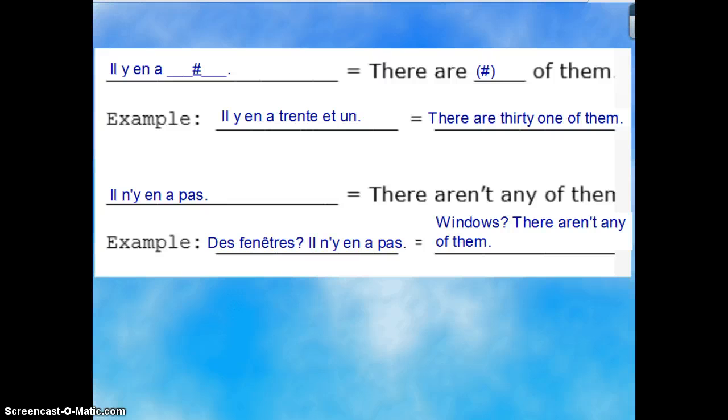But if by chance you want to talk how you speak in English and you don't want to use the word chairs again, then you'll take the time to fill in il y en a, and you'll have there are however many of them. That way you don't have to repeat the word chaise. So to give you a quick example, in my particular classroom, there happens to be 31 chairs. So if I want to say there are 31 of them, I will say il y en a 31.